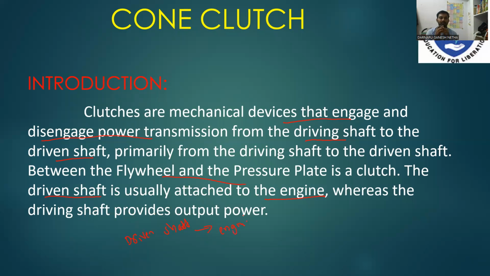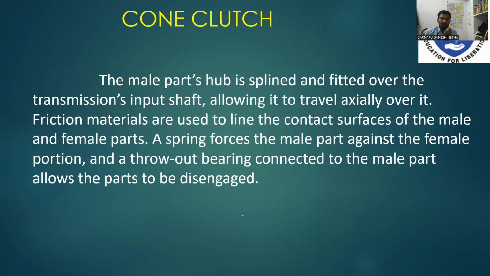This slide is telling that a clutch is a mechanical device which is used to engage and disengage the power transmission from the driving shaft to the driven shaft. We can know this by seeing this diagram.